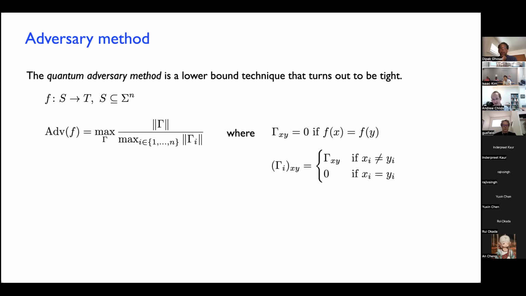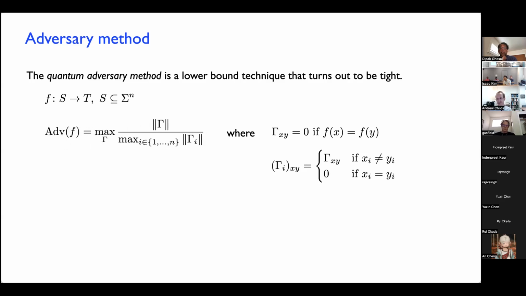Okay, so the details of the adversary method are not so important, but it's a spectral quantity that you can write down. It's actually captured by an optimization problem called a semidefinite program, and that's behind the fact that it's both a lower and an upper bound on quantum query complexity. So there's some way of cooking up a matrix that has to satisfy some conditions that depend on the function, and then there's an optimization problem over such matrices whose value is this thing called the adversary quantity of the function.